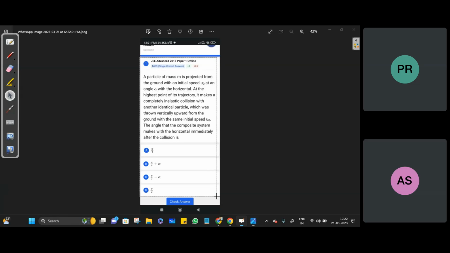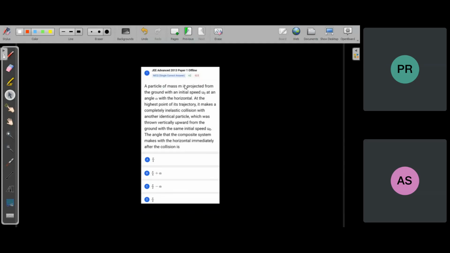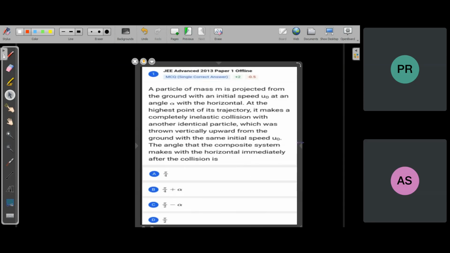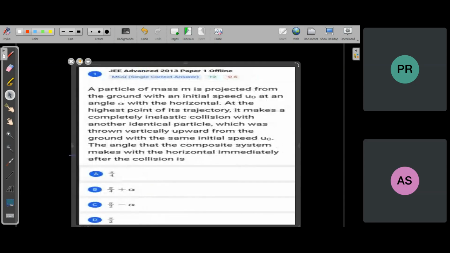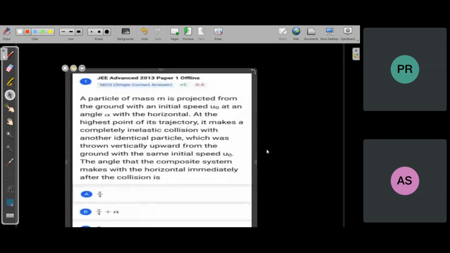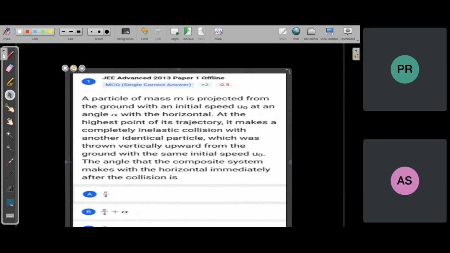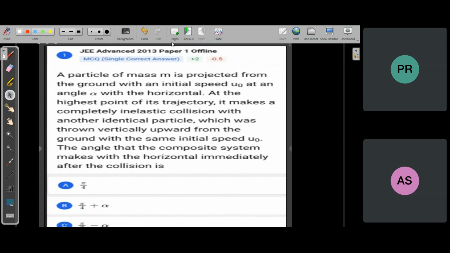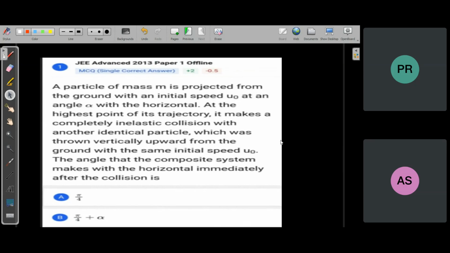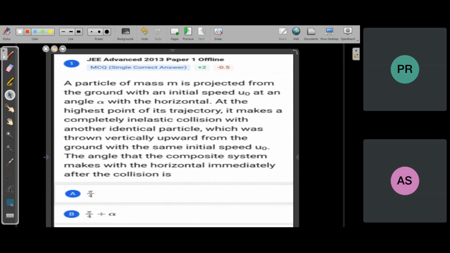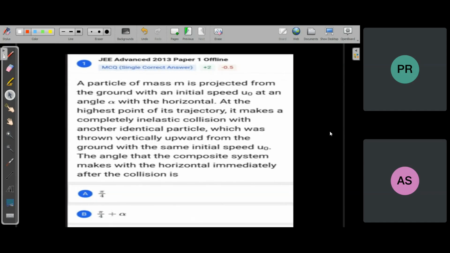JEE Advanced 2013 paper 1. Is it visible? Yes, sir. It is visible, sir. Okay. Try this one.